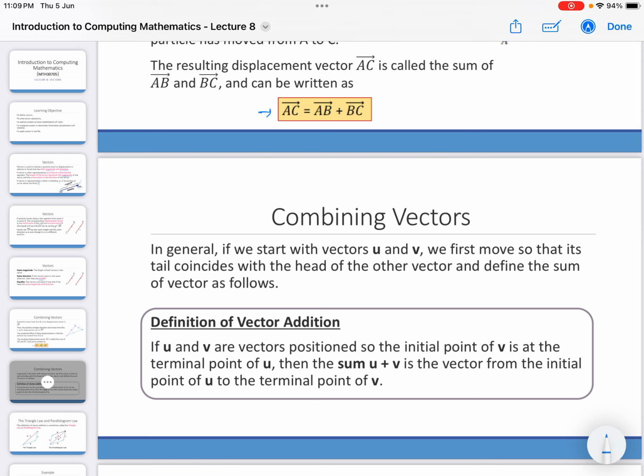Let's say U and V are vectors positioned so that the initial point of V is at the terminal point of U. So this point here is the initial point of V and also the terminal point of U. Then the sum U plus V is the vector from the initial point of U to the terminal point of V. So we have this one, the vector U plus V.